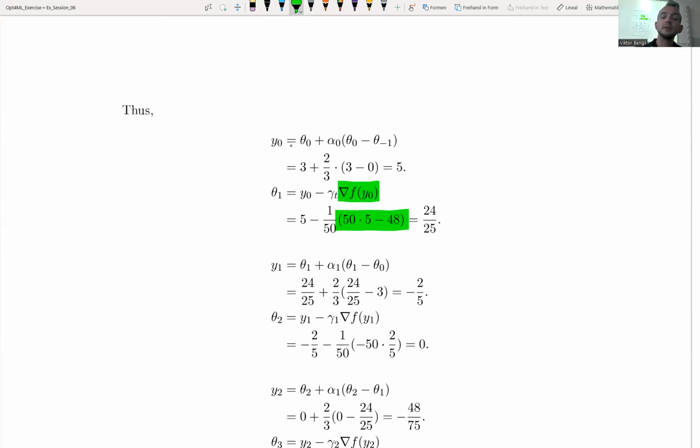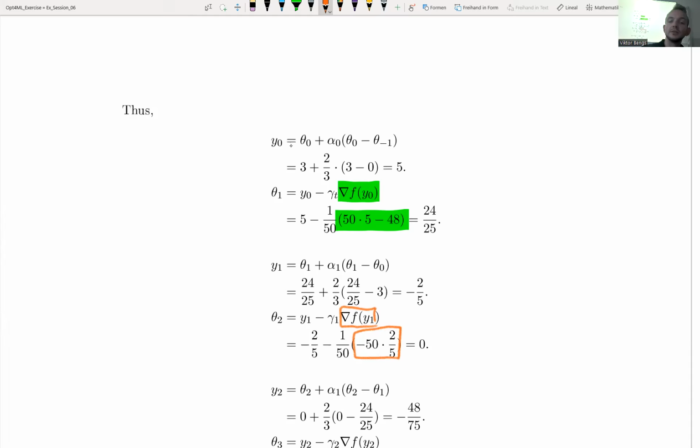We use this again to compute the next look-ahead position, y1, plug it in, and what we get is minus 2/5, which is a bit over, so we have jumped over the minimum when we come from the right, more or less. But no problem, because when we plug it into the iteration, we are exactly in the same case as before, that we are strictly greater than 1.